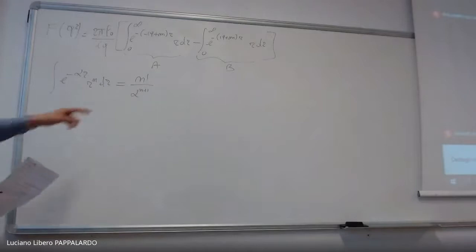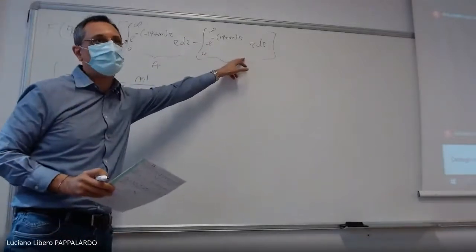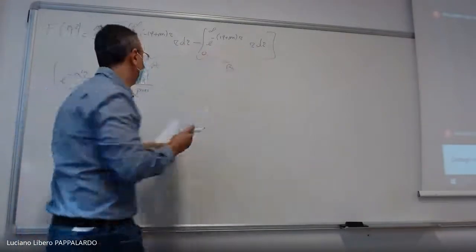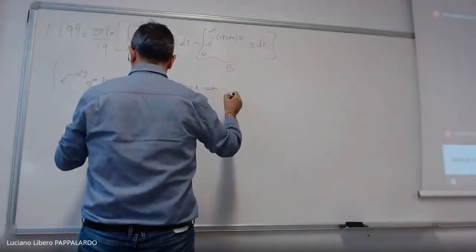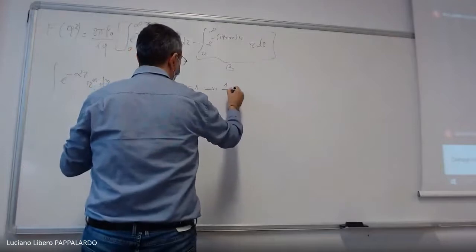In our case, actually in both cases, n is equal to 1 because the exponent of r is equal to 1. So the solution in both cases is of the type 1 over alpha squared.